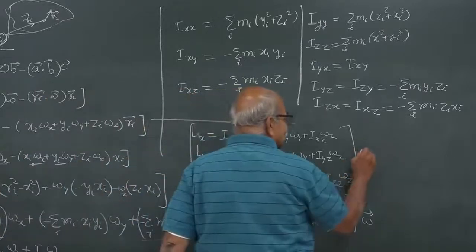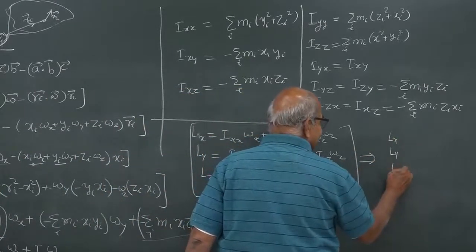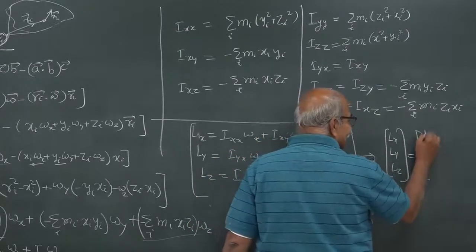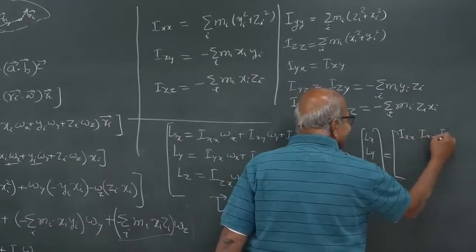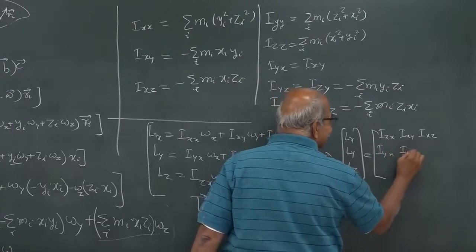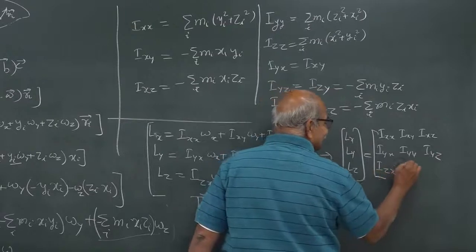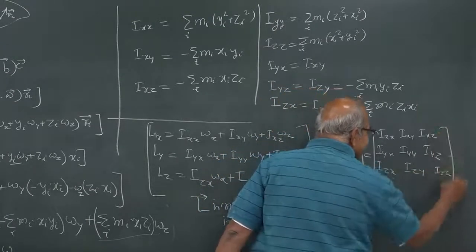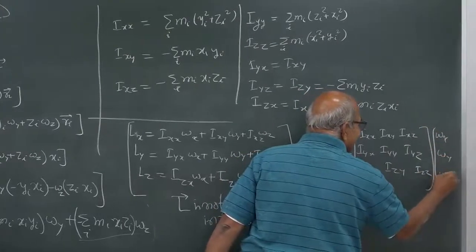You will write it as Lx Ly Lz, this column matrix, equal to Ixx Ixy Ixz and so on, Iyx here, Iyy here, Iyz here, Izx here, Izy here and Izz here, and then this side it is omega x, omega y and omega z.